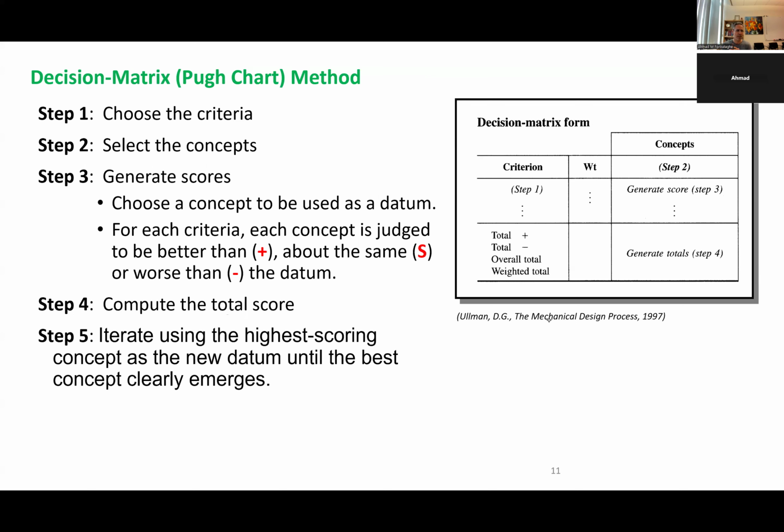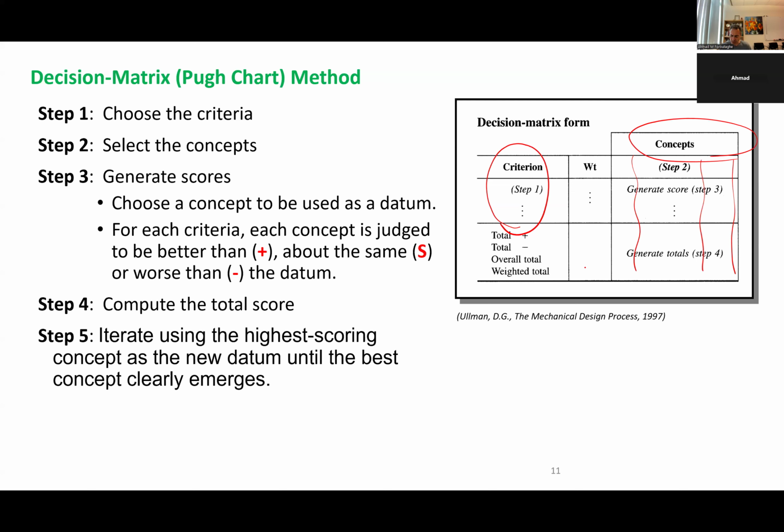In principle, these are the 5 steps that you need to take. Step number 1, choosing a set of criteria, which all go in the first column here. Step number 2, you have already generated some concepts. So concept number 1 goes in column 1, concept number 2, concept number 3, and so on, depending on the number of concepts that you have.